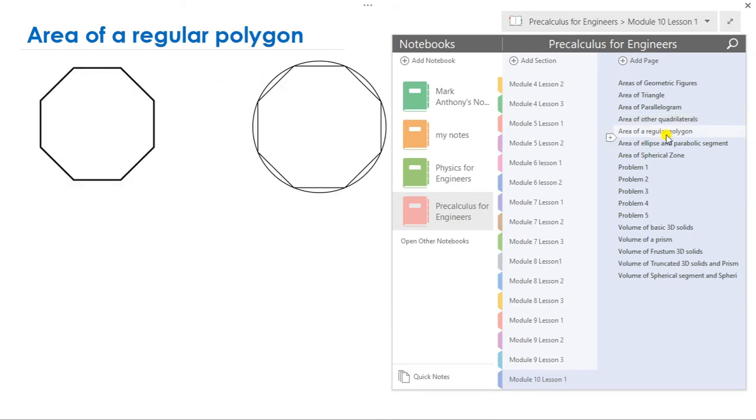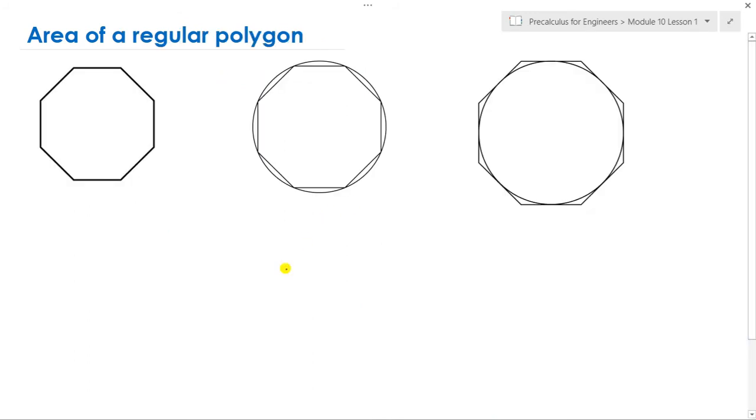Kaning area of a regular polygon. So, kaning first figure, unsa man siya nga klase sa polygon?